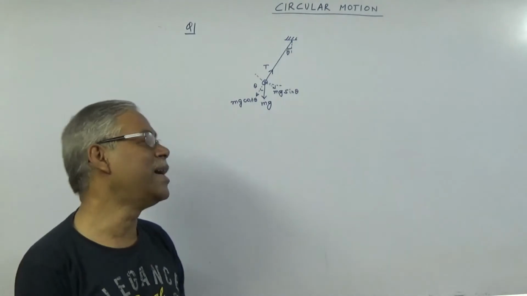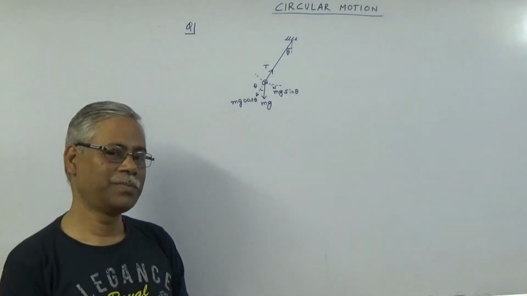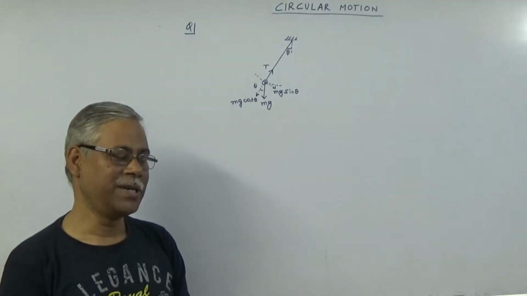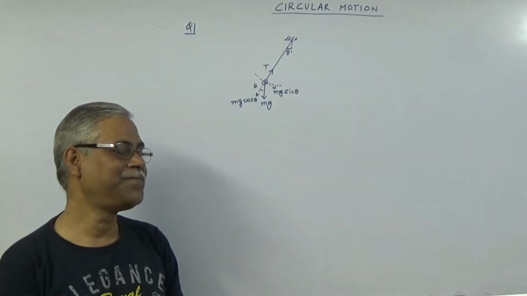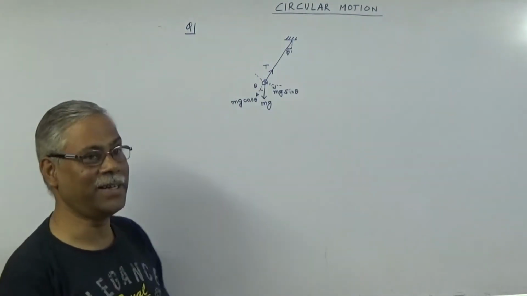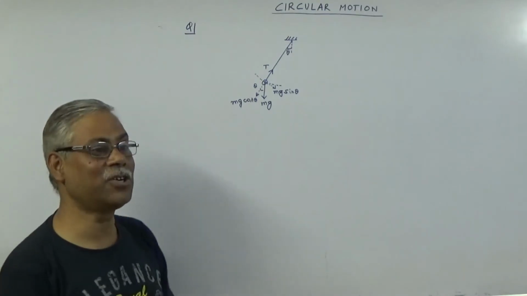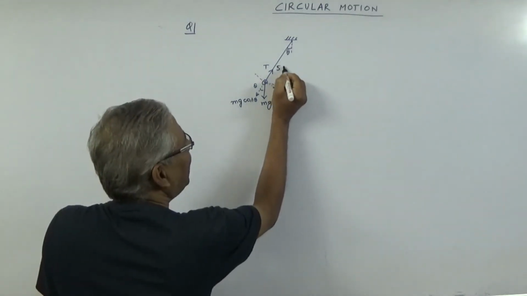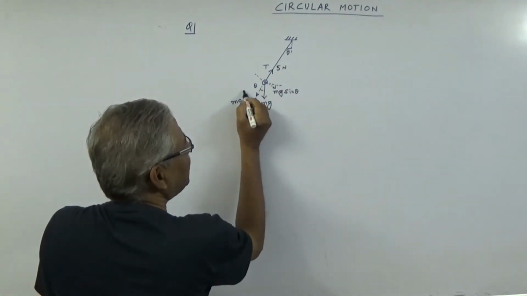Are they equal, T and mg cos theta? How are they related? Is T equal to mg cos theta, or is mg cos theta greater than T, or is T greater than mg cos theta? Say T is 5 Newton and mg cos theta is 4 Newton.